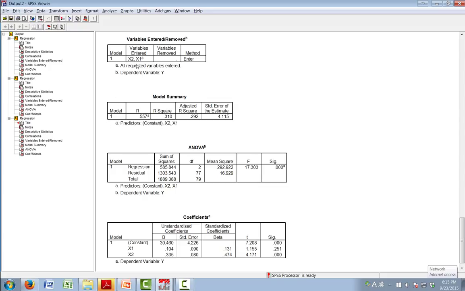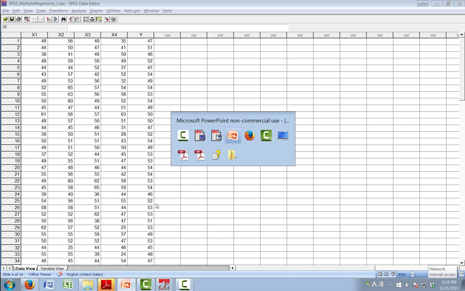So it's nice to understand what model we are referring to, right? This model is different from the simple linear regression model we ran before. Why? Because in this particular case, we entered both independent variables. So we have two independent variables, right, as a diagram. So we are referring to this model, right?